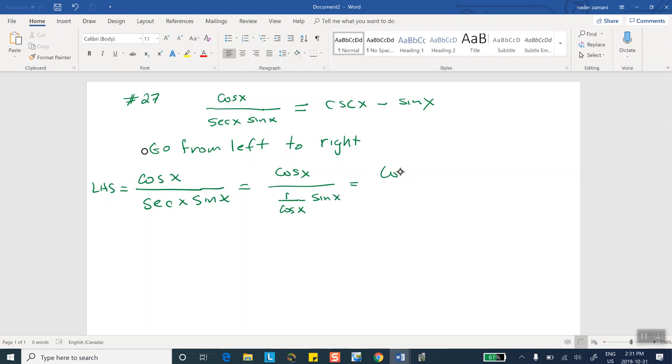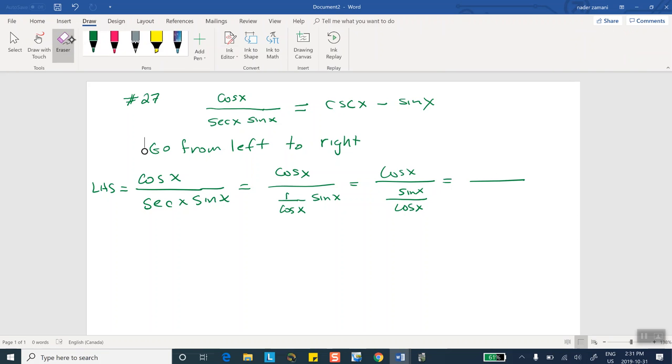So this is cos x divided by sine x over cos x. Let me not take any drastic steps, which can confuse some people. So cos x times the reciprocal, cos x over sine x. And this is equal to cos squared x divided by sine x.